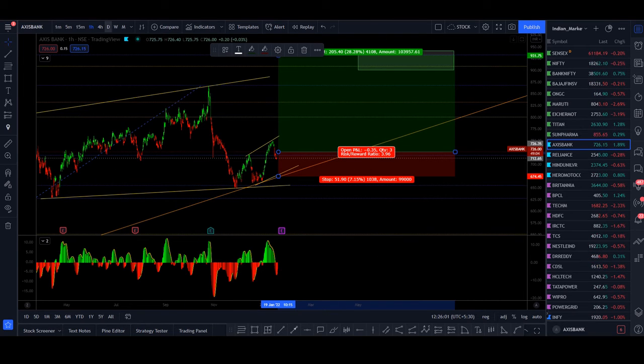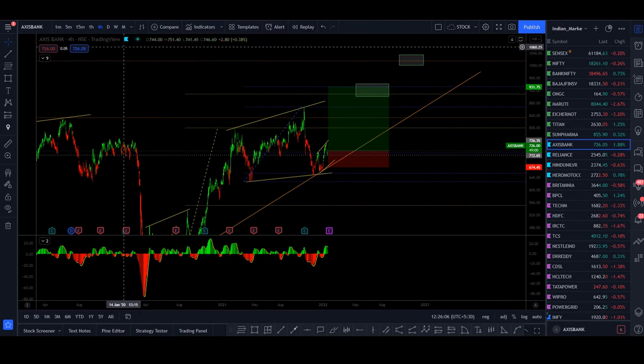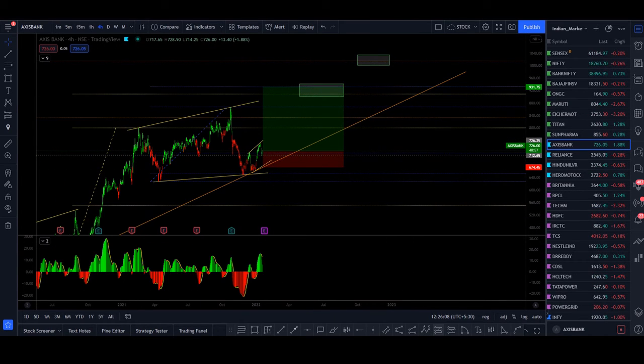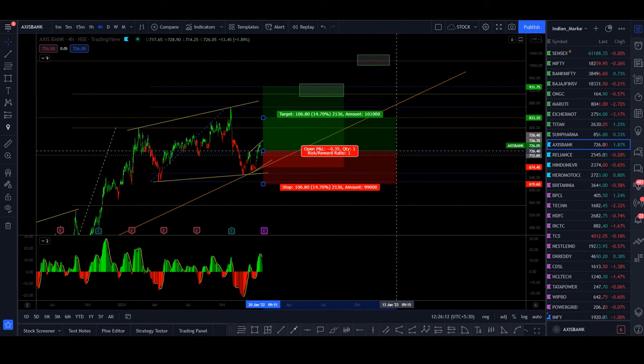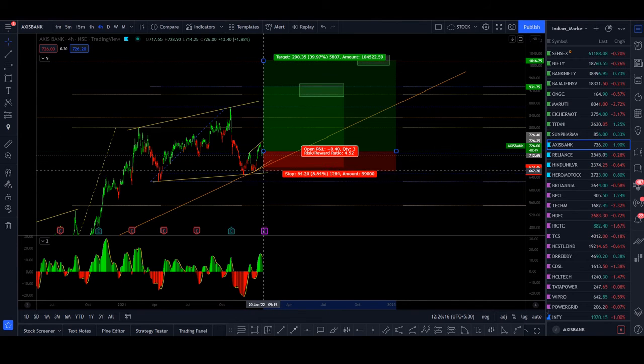And on a daily the target will be, so let me draw another target from the same point, and this is going to be here, that is our second target.